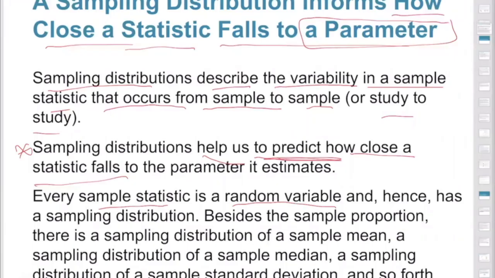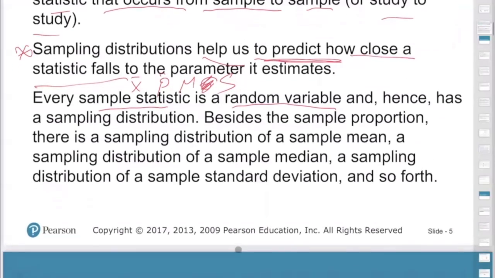X bar will be a random variable, p hat will be a random variable, the median will be a random variable, and the standard deviation S will be a random variable as well. So it is important to know the distribution of the statistic, so we can predict how close the statistic is to the population parameter.